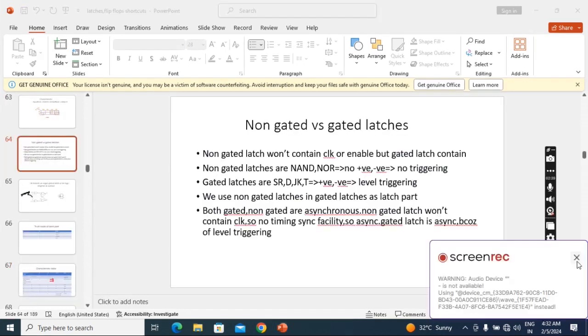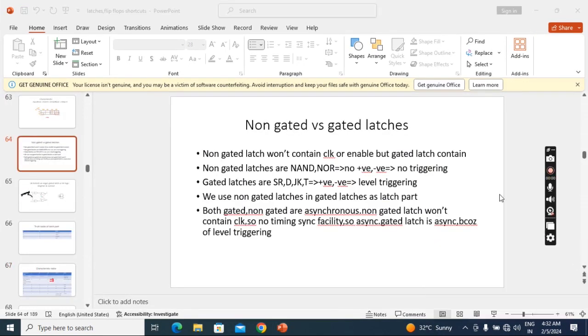In this lecture we'll see the comparison between gated latches and non-gated latches. Non-gated latches won't contain a clock or enable, but gated latches contain a clock or enable. Non-gated latches are NAND and NOR.